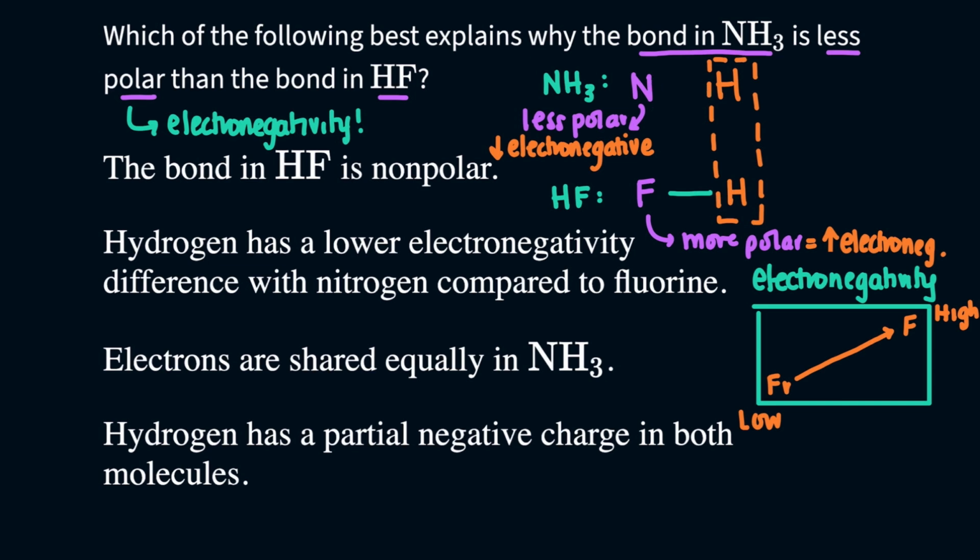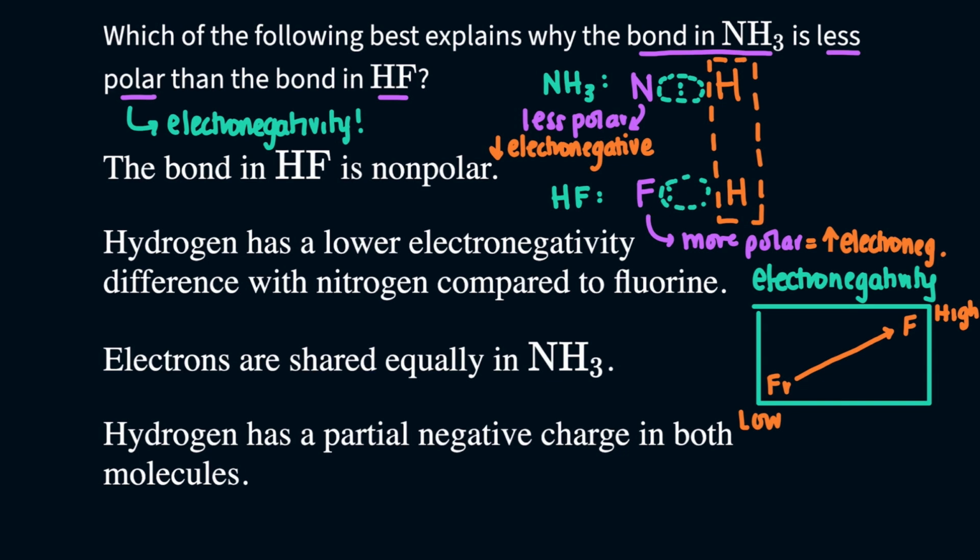So if I strip away this, and I kind of draw the region in which those electrons are going to be, here's my two dots, 1, 2, and here's my two dots, 1, 2. Since fluorine is the most electronegative element, it's going to have the greatest attraction, and the electrons are basically going to be all the way to fluorine.